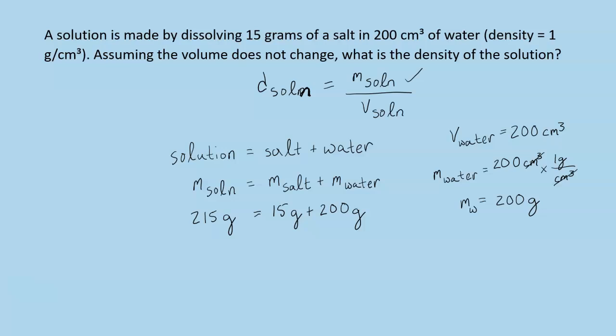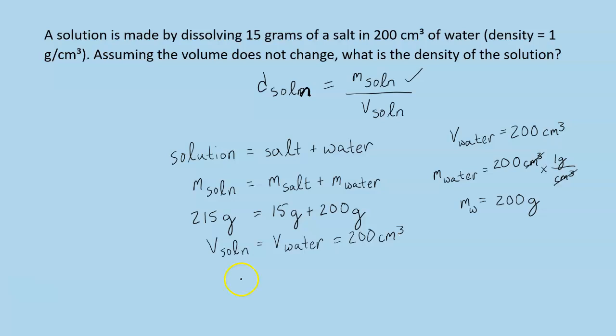So what they're saying is that the volume of those 15 grams of salt is so small, because it is a solid and it's densely packed, that we're going to assume that the volume of the solution is equal to the volume of the water, which is that 200 centimeters cubed.